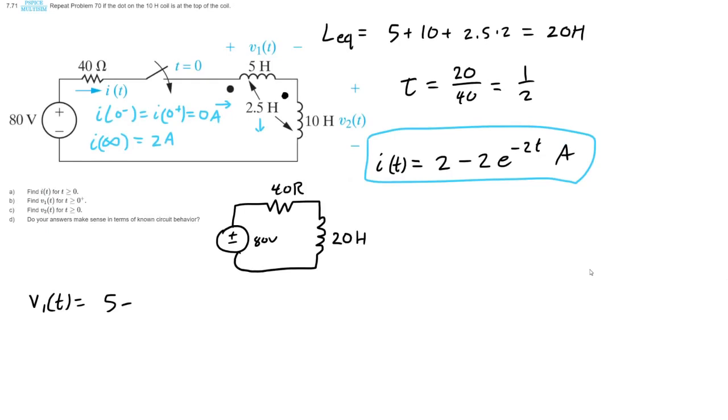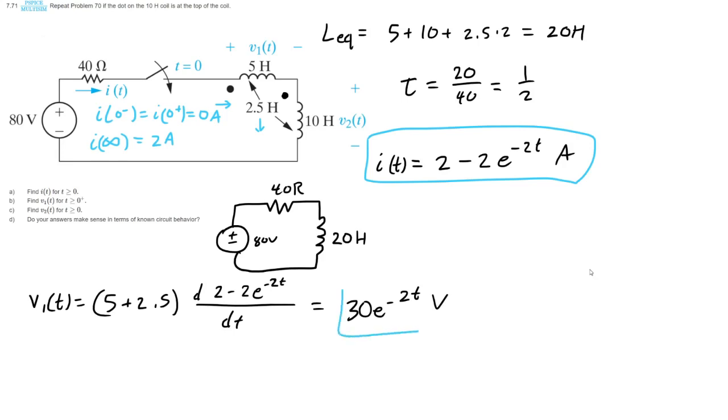So we're going to have 5 plus 2.5 henry as the mutual inductance, times the derivative of the current with respect to time, 2 minus 2e to the minus 2t, dt. So that's going to be 7.5 times minus 2 times minus 2 is 4. So 30 e to the minus 2t volts. That's going to be V1(t).